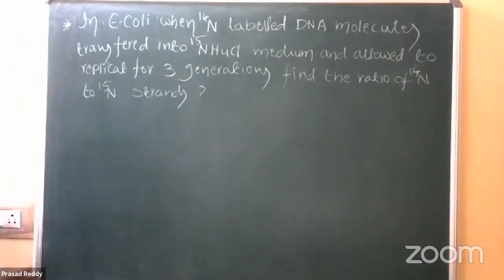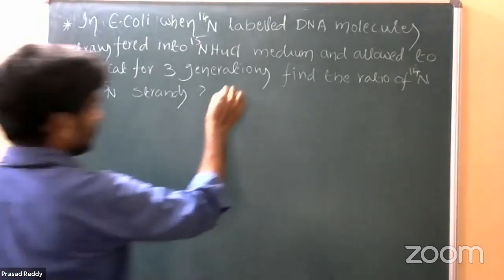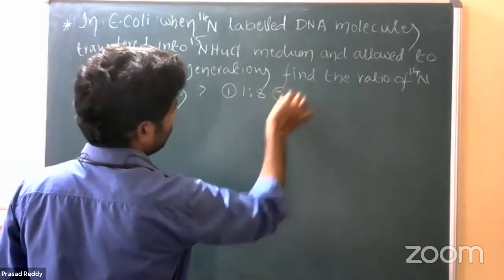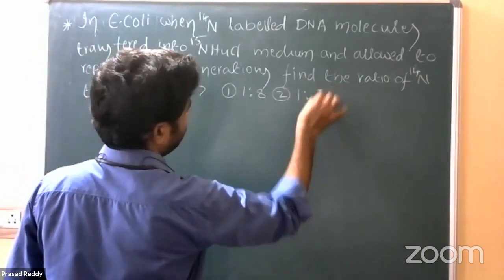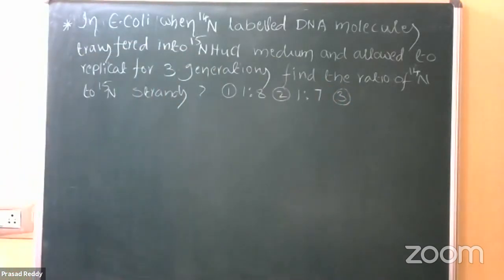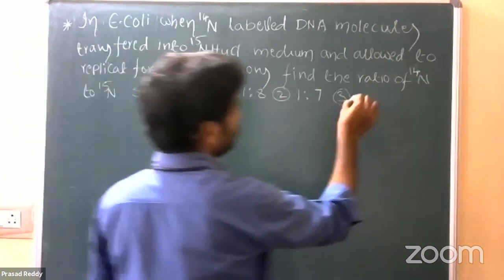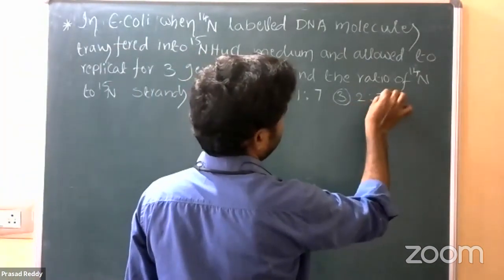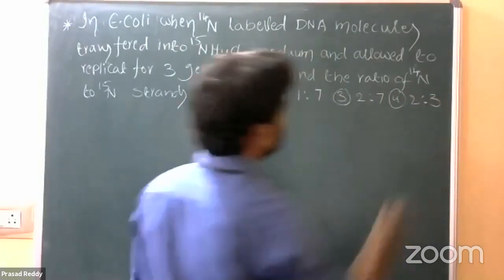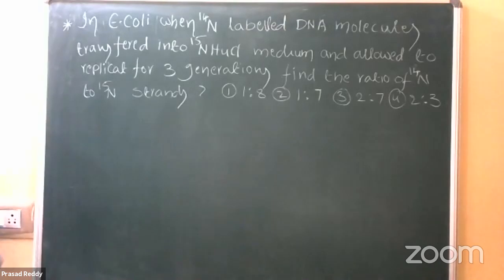So this is the actual question, right? Then better to take the options. First option 1:8. Second option 1:7. Third option 2:7. Then fourth option 2:3. So these are the options.